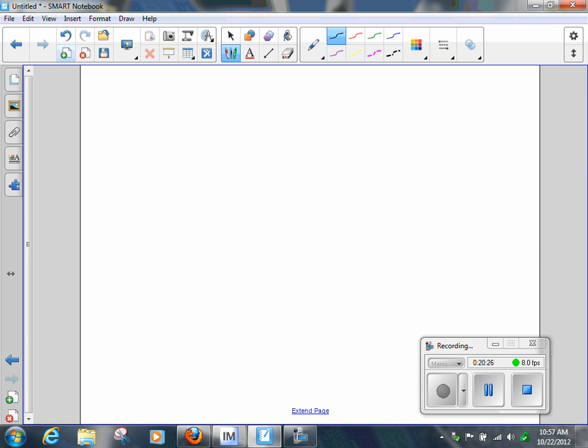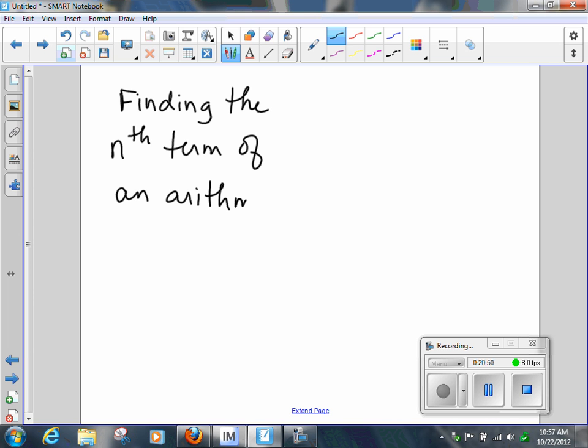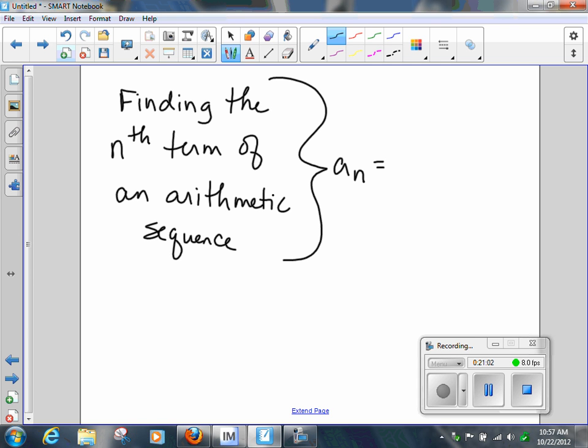On that formula sheet, folks, is a formula. If you look, it's the first formula under arithmetic. If you are finding the nth term of an arithmetic sequence, you want to use a sub n equals a sub 1 plus the quantity n minus 1 times d.